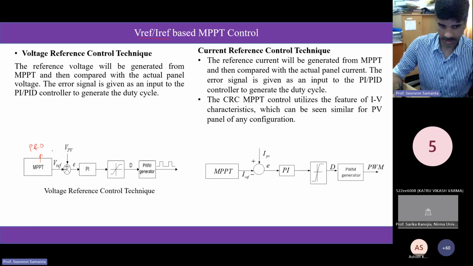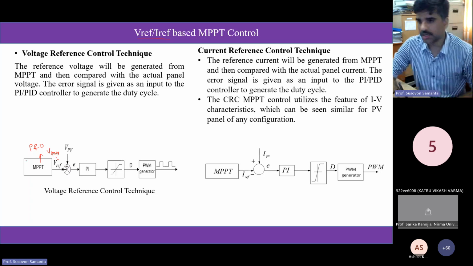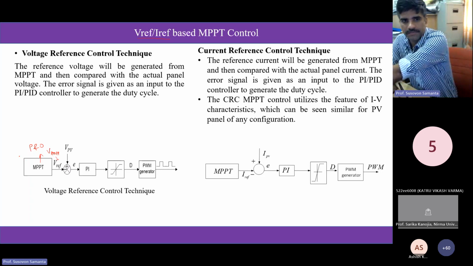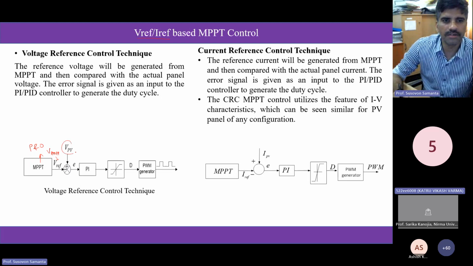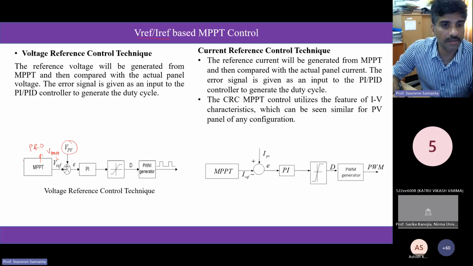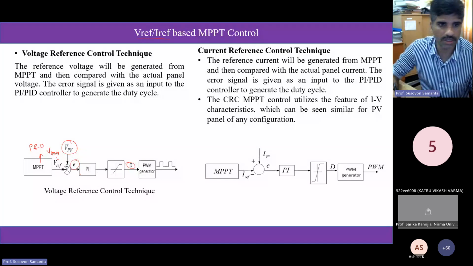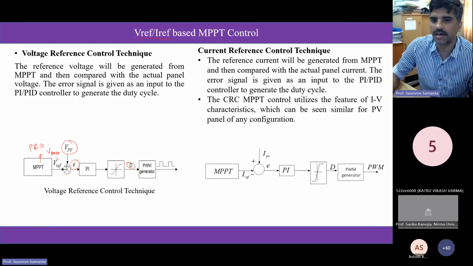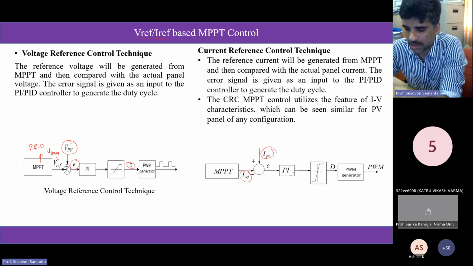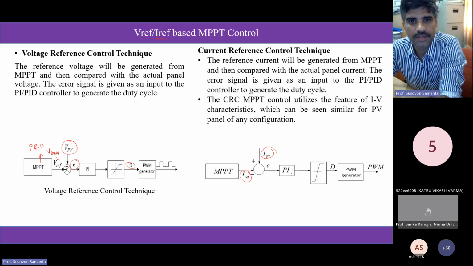From that, you can generate your VMPP, which is used as V reference, and you check the panel voltage, generate the error, use a PI controller, and then accordingly generate the duty ratio. That is called VREF control. Similarly, IREF means from the MPPT you generate the IMPPT, sense the IPV, and through a PI controller you give it to the converter. Okay.